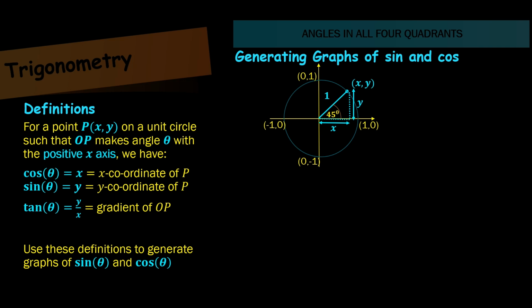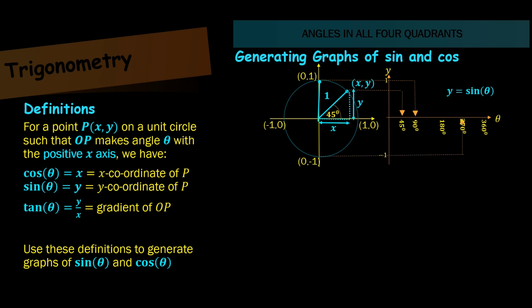Let's consider sine theta first. We have the unit circle before us and an angle of 45 degrees, as you can see in the unit circle. This corresponds to the value as denoted here. The value 90 degrees is denoted here, and the value 270 degrees is denoted here.